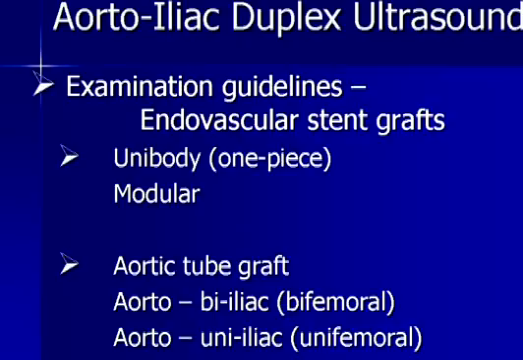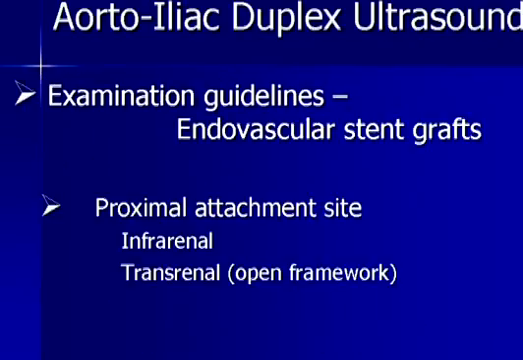It could be a simple tube graft just in the abdominal aorta. It could be an aortobiiliac or bifemoral graft going down both limbs, or it could be an aortic uniiliac or unifemoral bypass graft, in which case the contralateral iliac artery has been ligated or embolized or thrombosed in some fashion and taken out of the circulation.